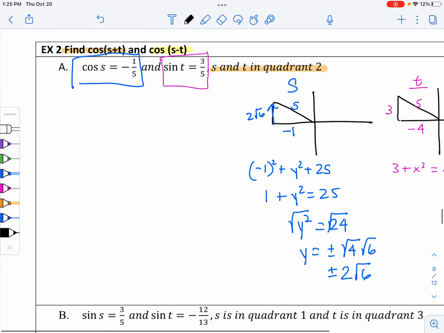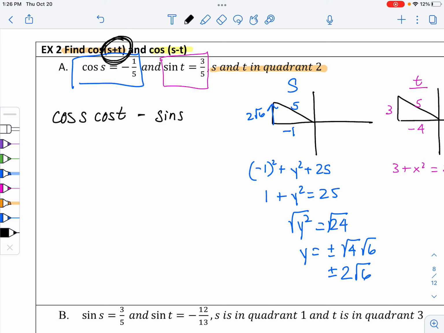We're just adding sometimes and other times subtracting. So in this example, I would set up the cosine of angle S times the cosine of angle T. I am doing S plus T first, so I'm going to subtract the sine of angle S and the sine of angle T. Anytime I'm working with picture S, I'm going to look at the blue picture.